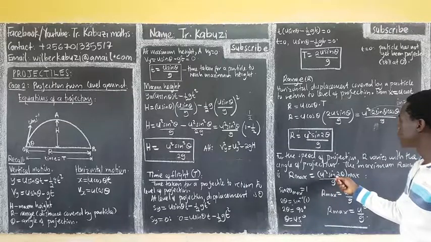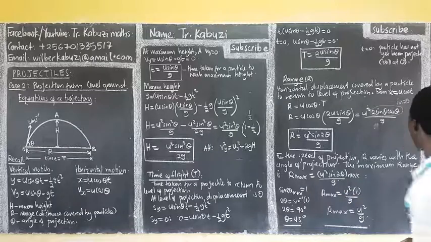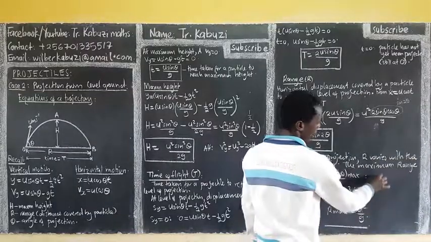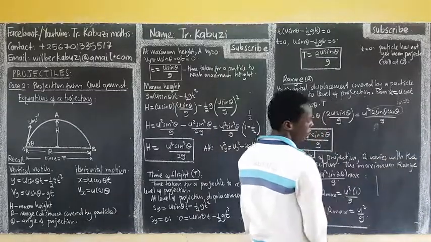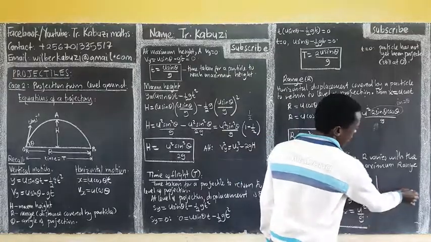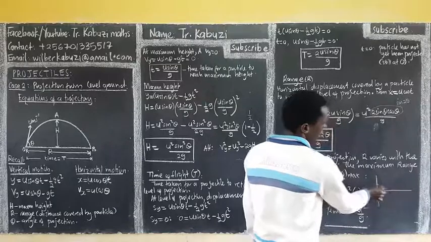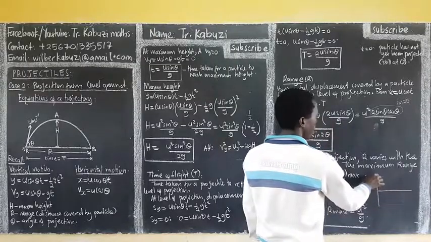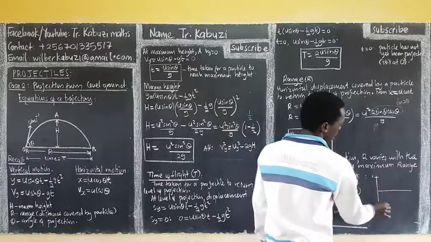To maximize this, remember how we draw the sine curve. So this is our sine curve there. It always attains its maximum at 1, then its minimum at -1.